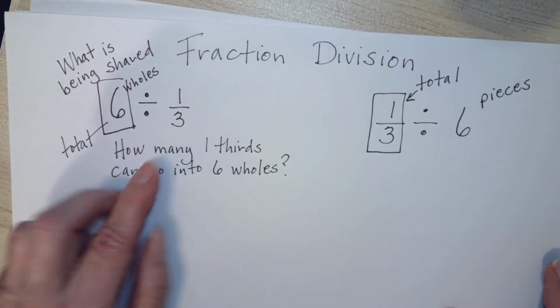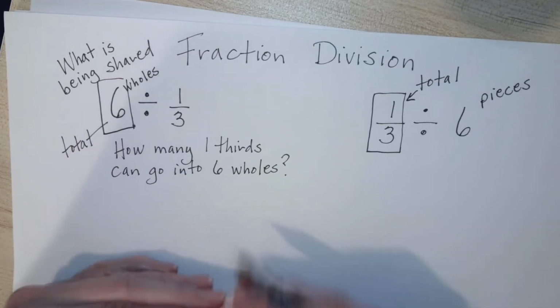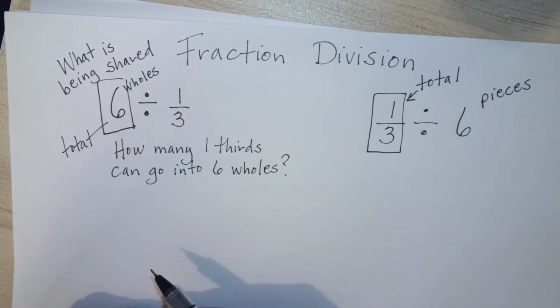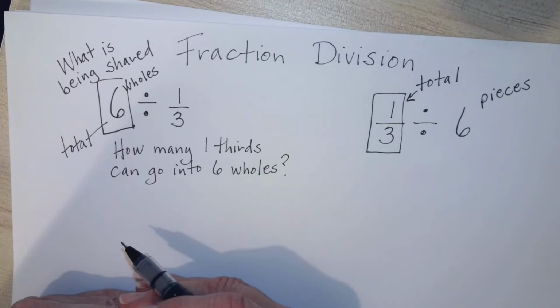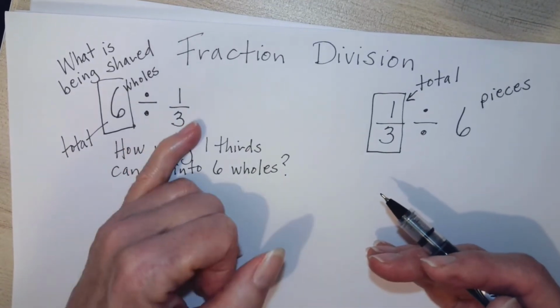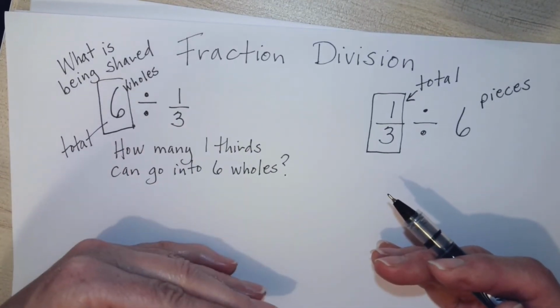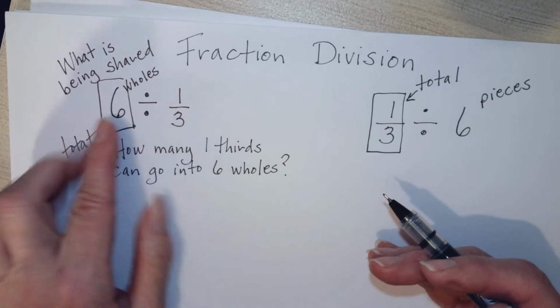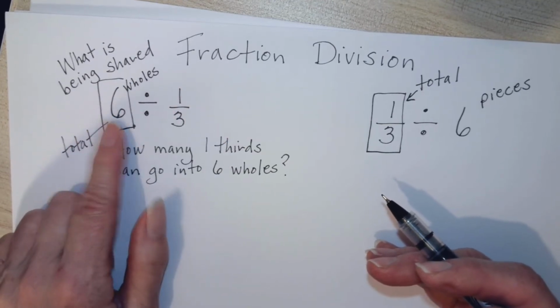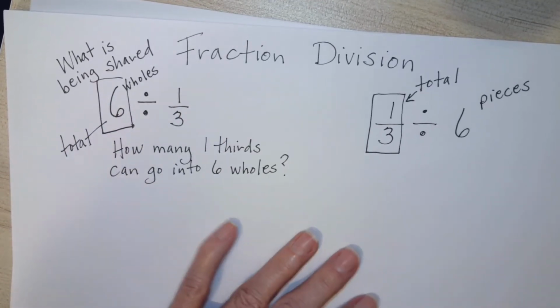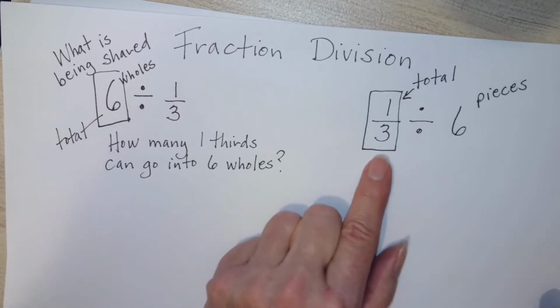The reason is if you have 6 of something and you break it into smaller pieces, you're going to have a whole lot of small pieces. Your answer will be a bigger number than what you start with.